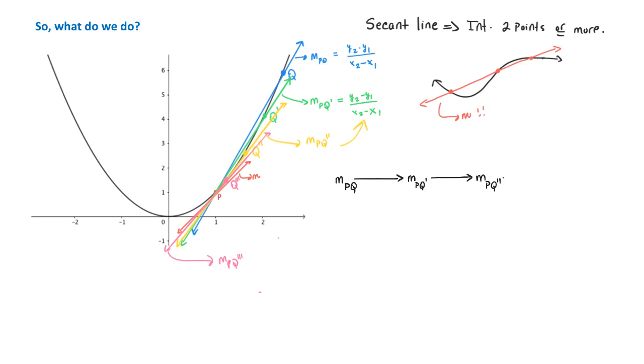So we picked a third point on that graph, Q triple prime, and calculated the slope of line PQ triple prime. If you continue getting points and calculating slopes that are closer, every time you are closing the gap, and the gap becomes smaller and smaller and smaller.